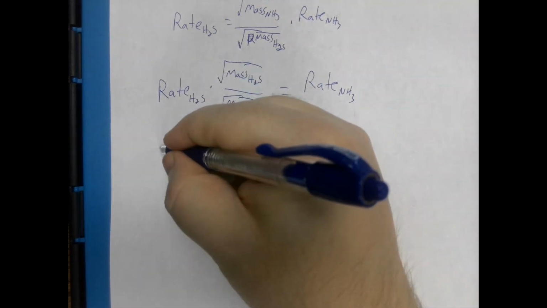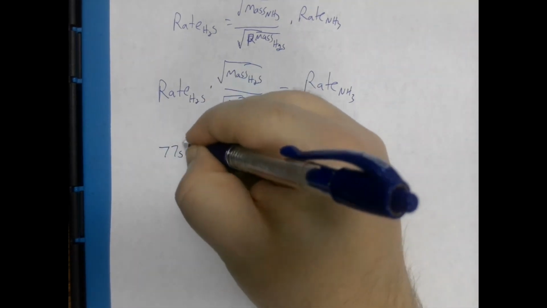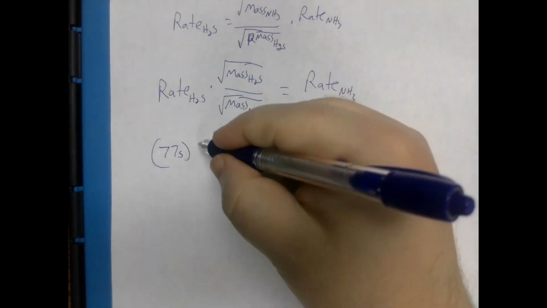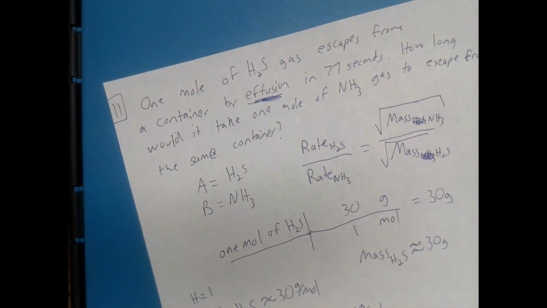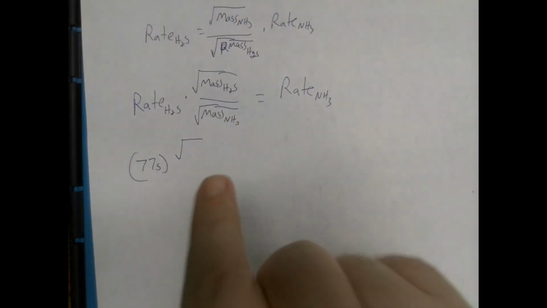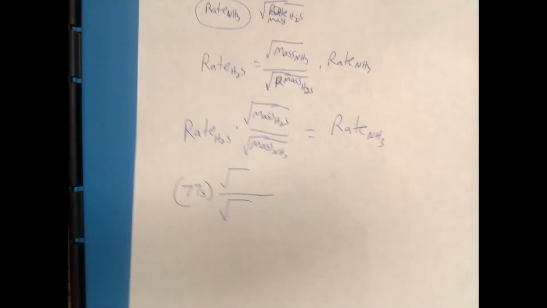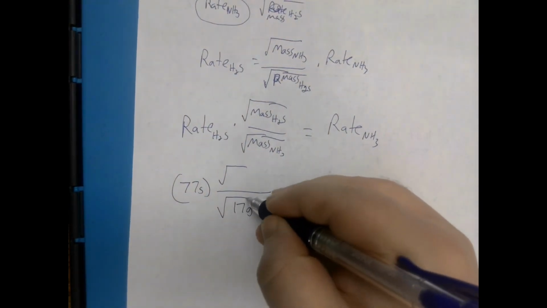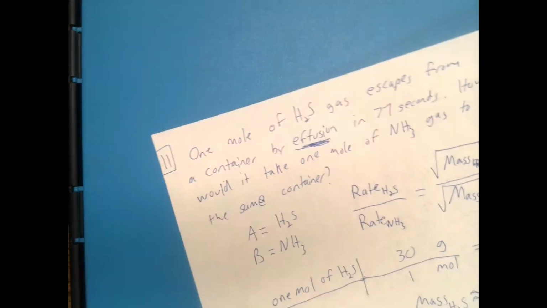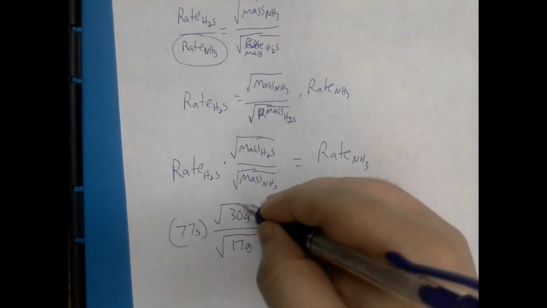So our time was 77 seconds, times the square root of NH3, so NH3 is the bottom number. That was 17 grams, and 30 grams for the other one, roughly.